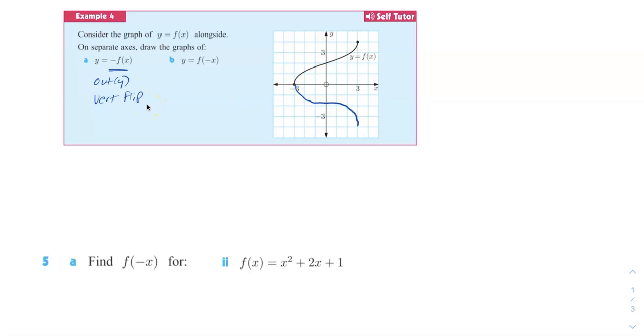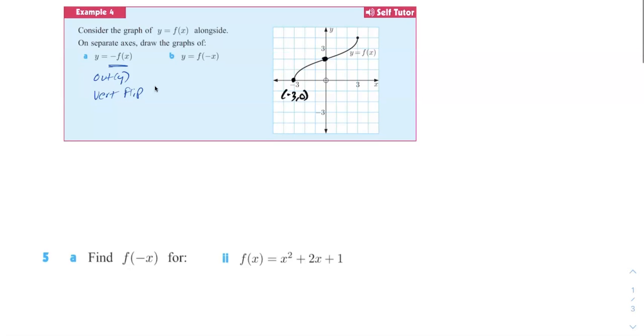That's what will happen. Another way to think about it is just get points. This is negative 3, 0. This is 0, 2. And this is 3, 4, it looks like. So we have negative 3, 0, 0, 2, and 3, 4.